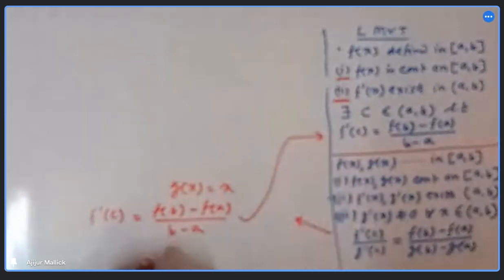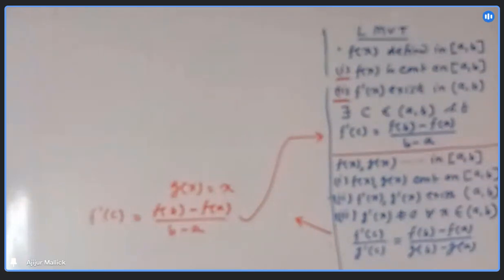This is actually LMVT. So write a note here: in CMVT, if we take g x is equal to x, then we will get LMVT.